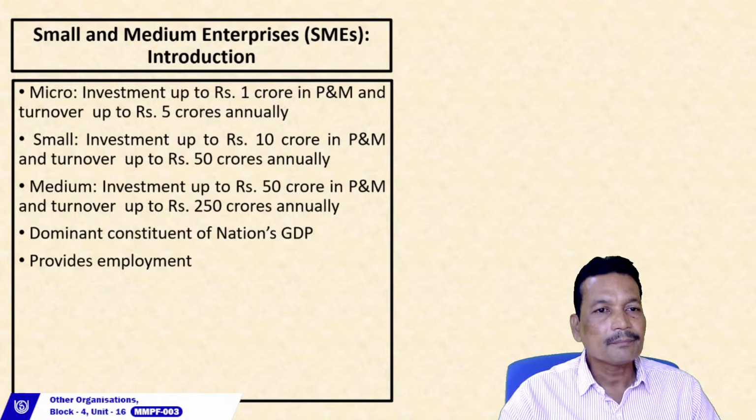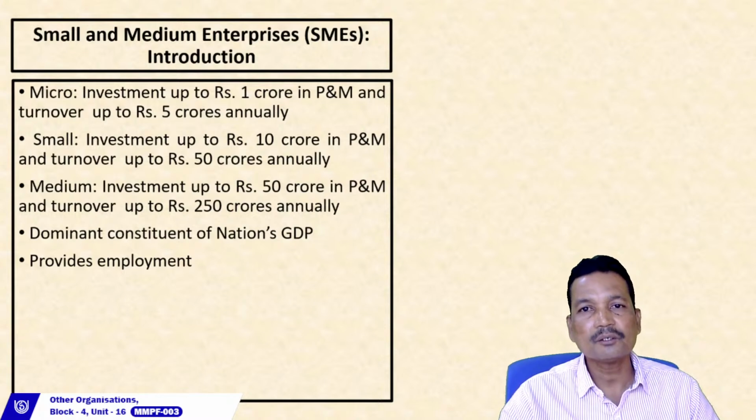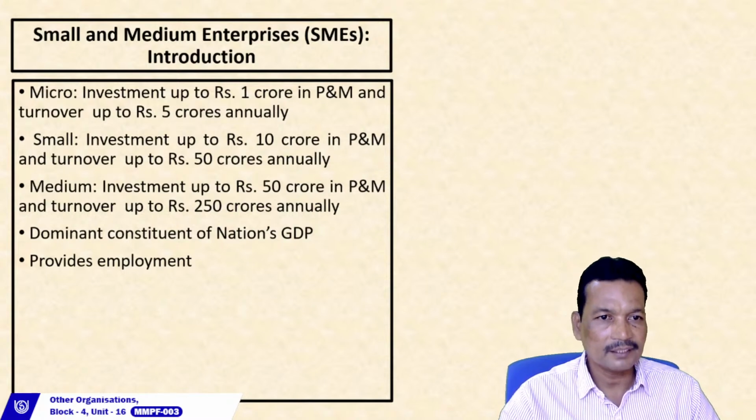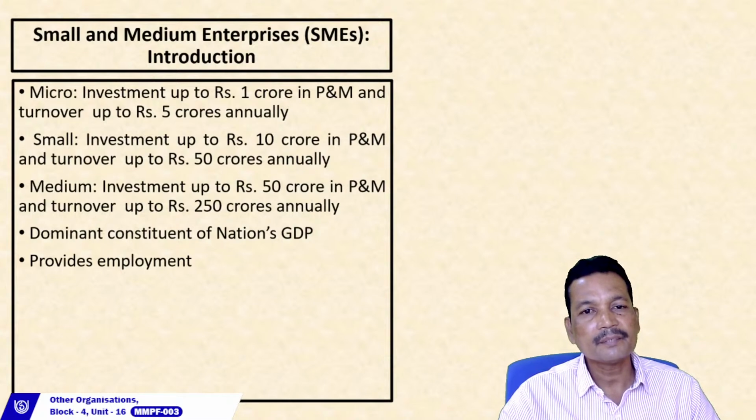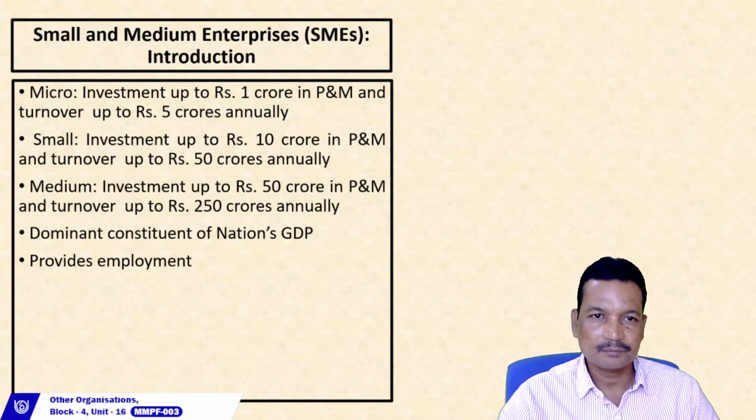Now, when I say micro enterprise, you may say that I am setting up a shop, an exclusive outlet, it can be micro. If I set up a departmental store, it can be a small industry or enterprise.